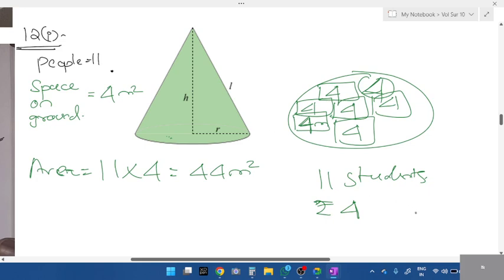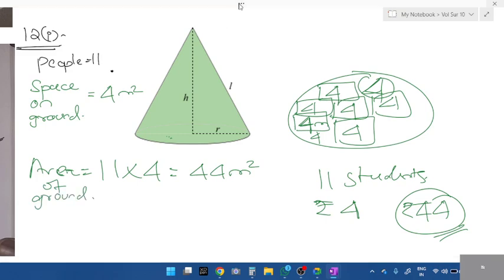What's the total amount? 11 fours are 44 rupees. If I collect 4 rupees from each student, I get 44 rupees. That is the concept. There are 11 people, each takes 4 meter space. Therefore, the area of this is 44 meters square, area of ground.